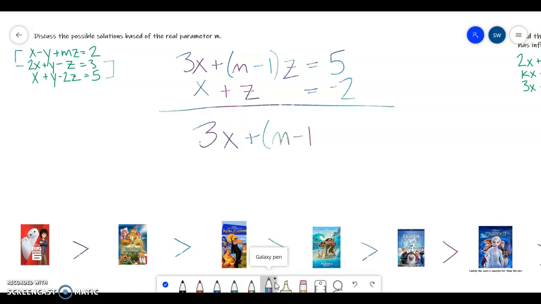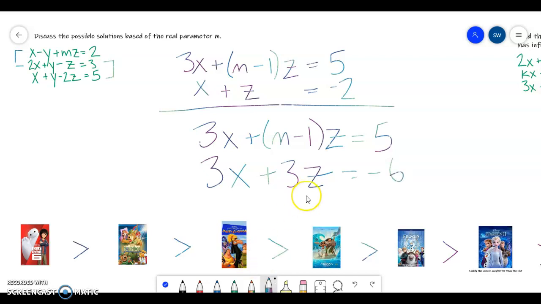I really hate m's. Okay, here's an important fact of these questions. If you notice, I have 3x here and 3x here.